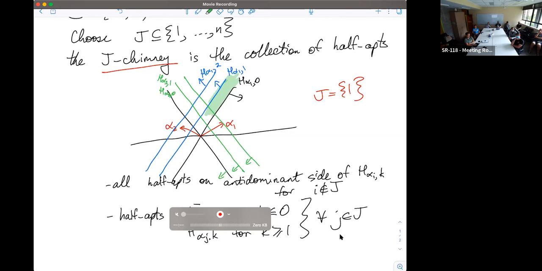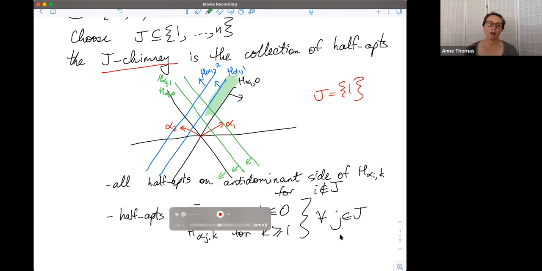Right. But where is the information about the alcove in the case when J is the whole set? How do you select an alcove, and how do you select the point at infinity in that case? Right. Okay. Really, I didn't say this quite correctly.